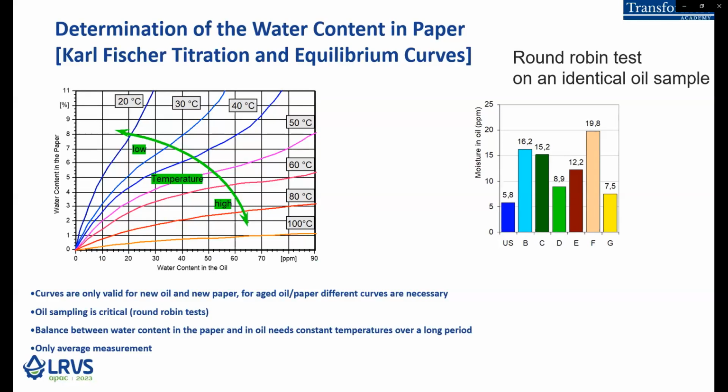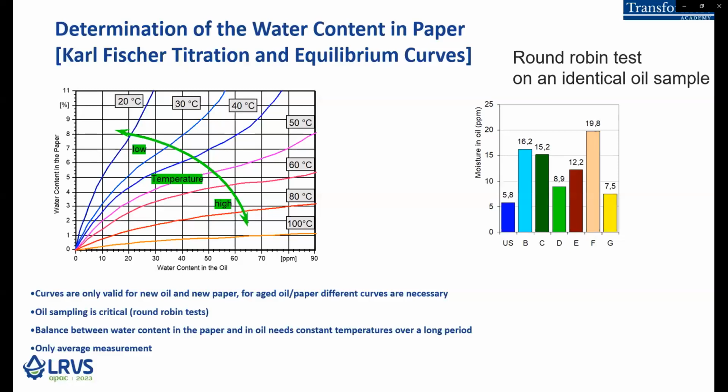Many round robins around the world observe a difference among the laboratories, and we are interested to know the water in the paper, not the water in the oil. And we sometimes use these curves for equilibrium, which are correct only for a new paper and a new oil, and the using of those curves for other types of oil, for aging oil and aging cellulose is not correct.